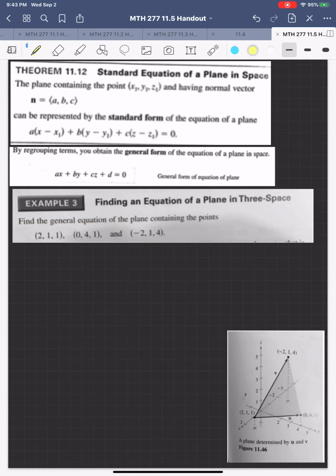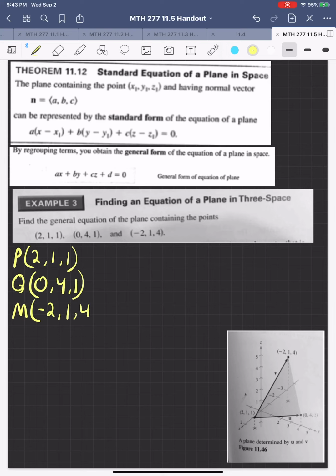Ready? Let's label point P (2, 1, 1). Let's label point Q (0, 4, 1). And let's use M as (-2, 1, 4).